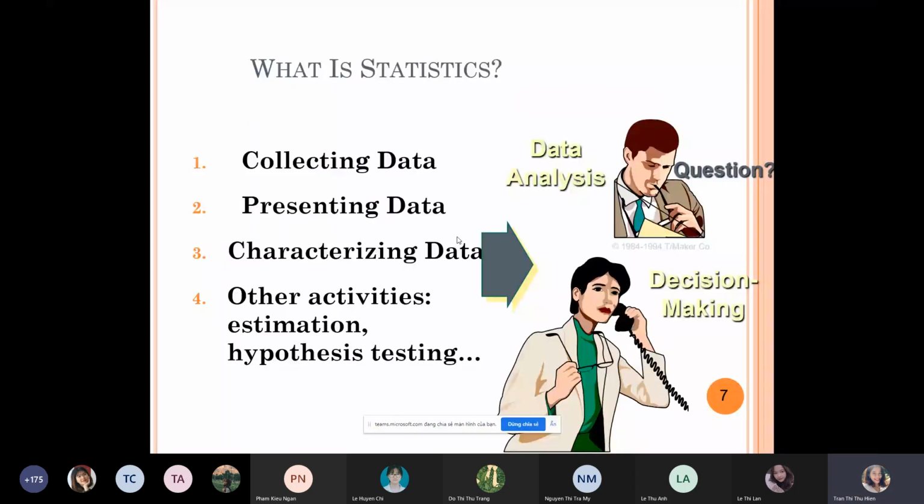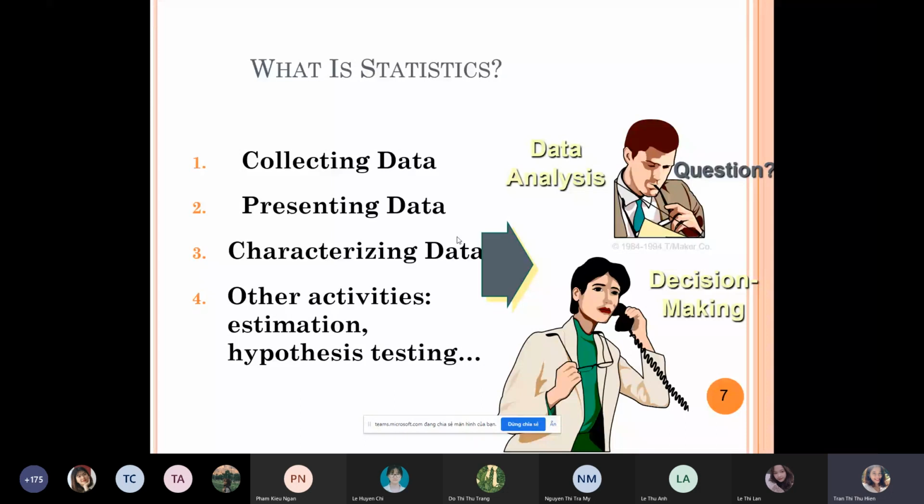Okay, so the question here is what is statistics and why do we have to learn this course? How is it applied to your real life or to your majors? So statistics is defined as the art and science of collecting, analyzing, and interpreting data, particularly in business and economics.